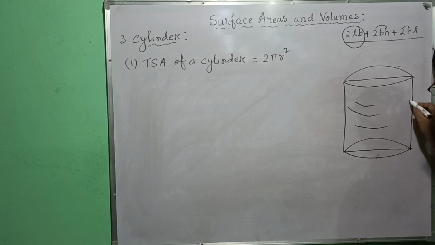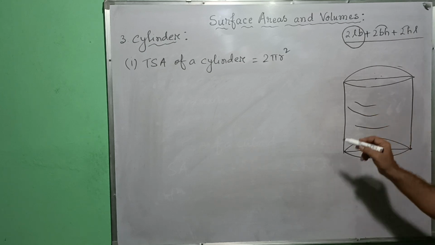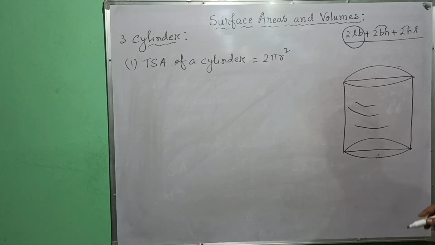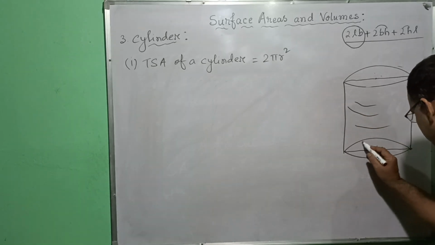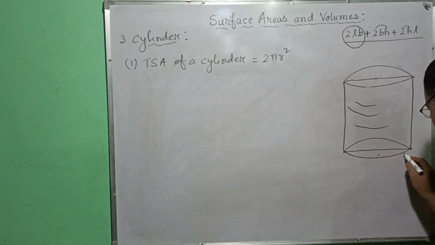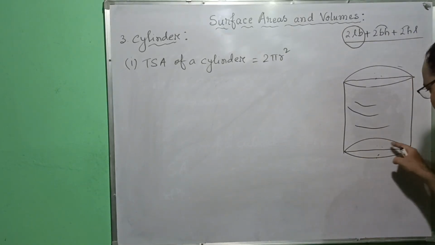And now the remaining is the curved surface area. So what is the area of the curved surface? If we consider, this curved surface area is related to the circumference. Suppose it is a type of ring.